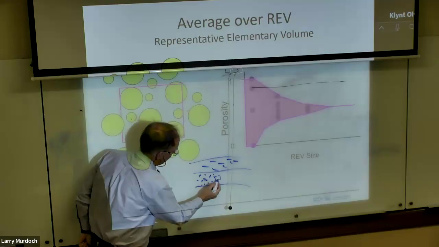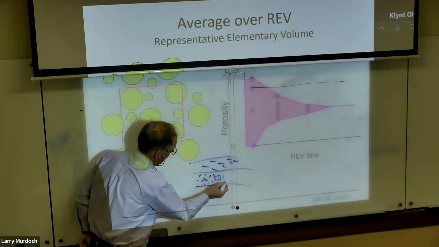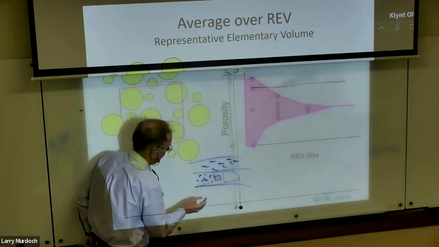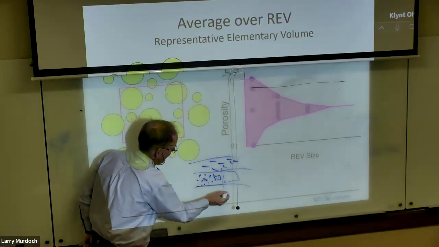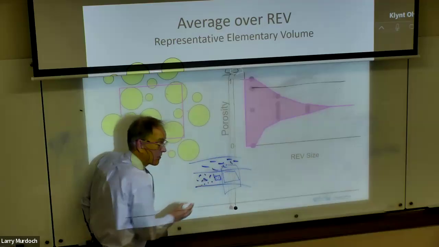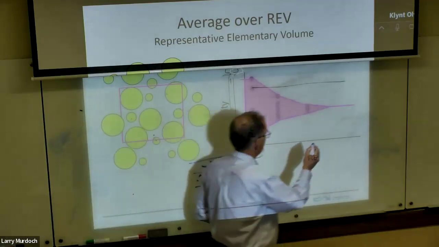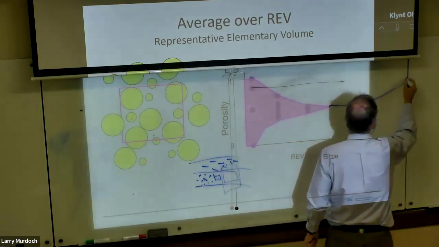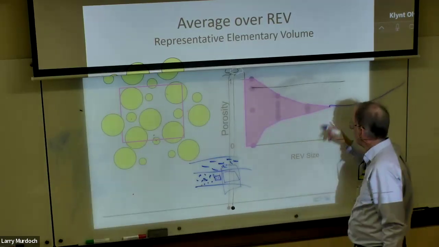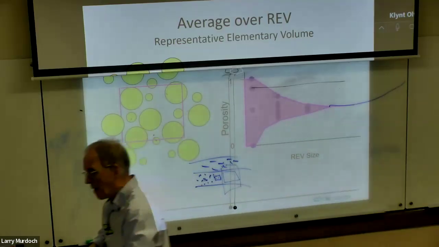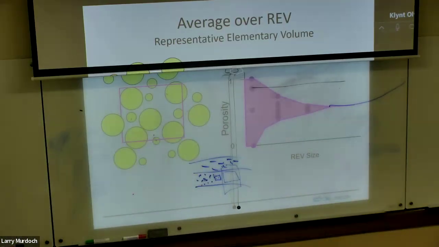So we have a representative elementary volume like this that works for this sand, and we make it bigger and it still is working okay. But as we make it bigger, we start to get into this other material, and then this volume kind of drifts up or drifts down. So the representative elementary volume has kind of an upper limit and a lower limit for where it works.